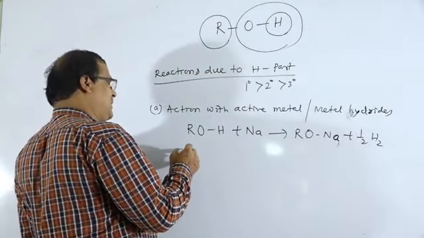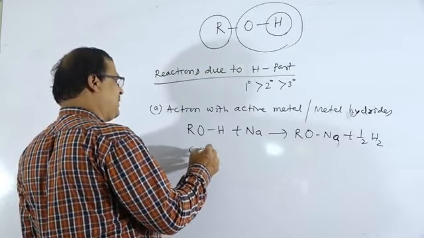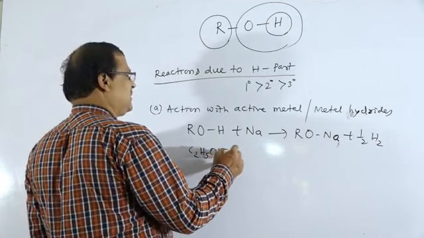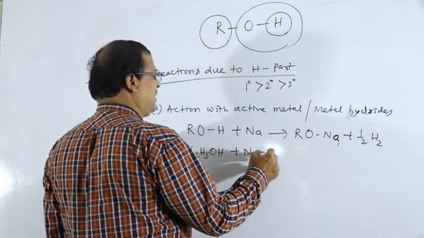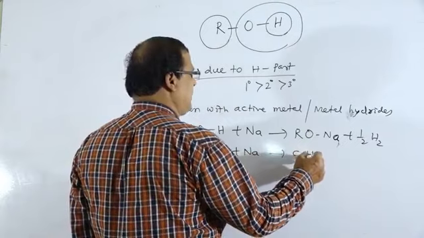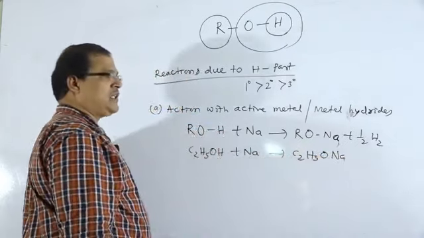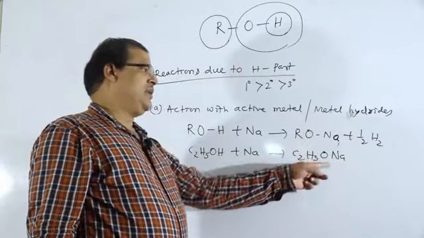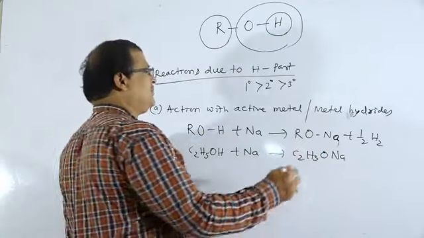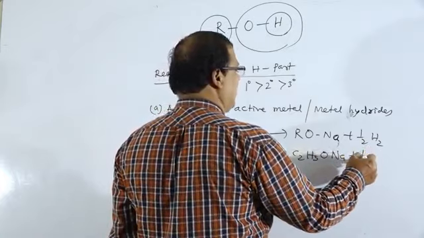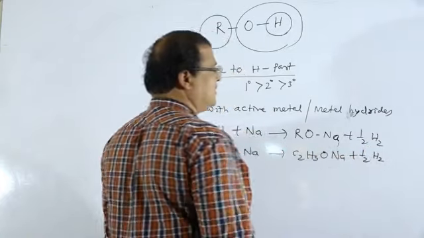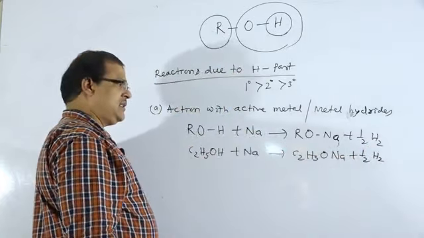For example, C2H5OH treated with sodium metal gives C2H5ONa, sodium ethoxide, with the release of hydrogen gas.